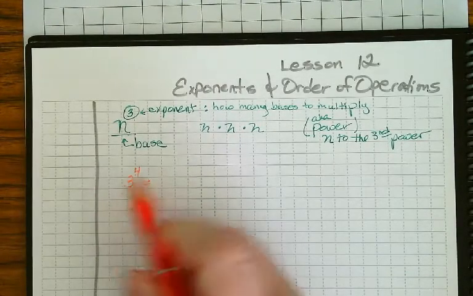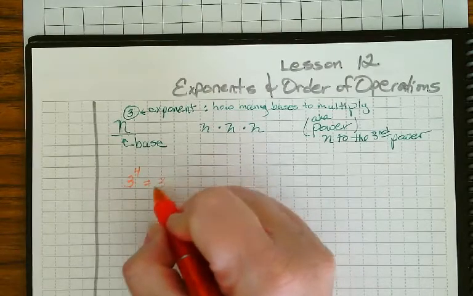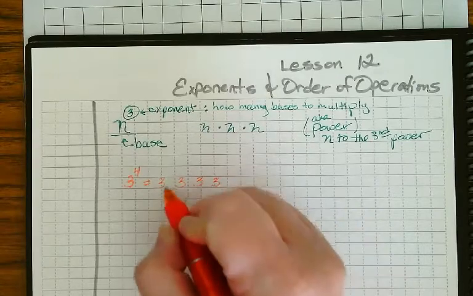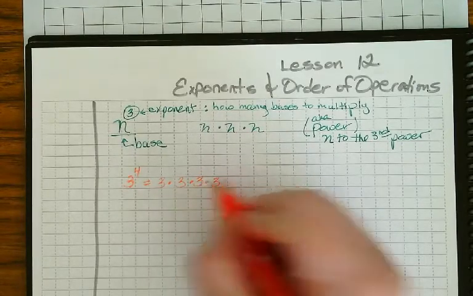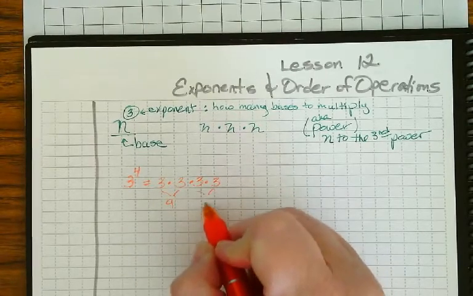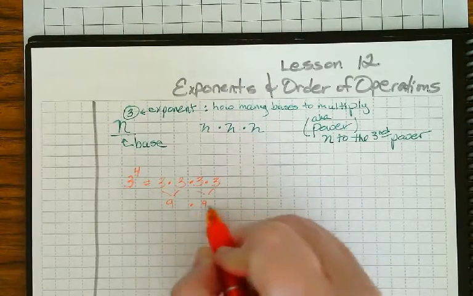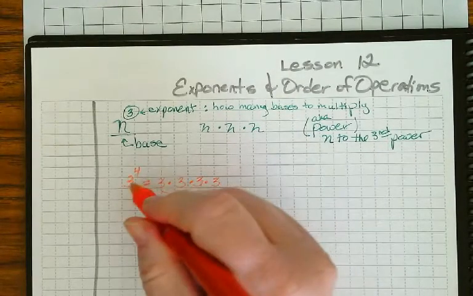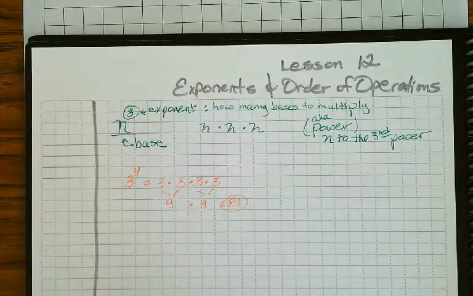So count them, 4 of them. 1, 2, 3, 4. And then you just multiply. 3 times 3 is 9. And that 3 times 3 is 9. 9 times 9 is 81. So 3 to the fourth power equals 81.